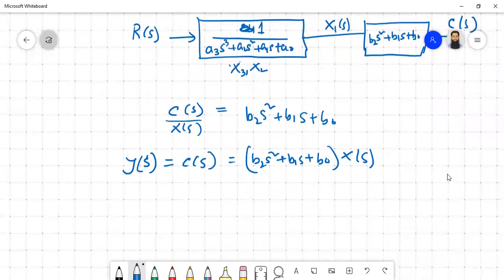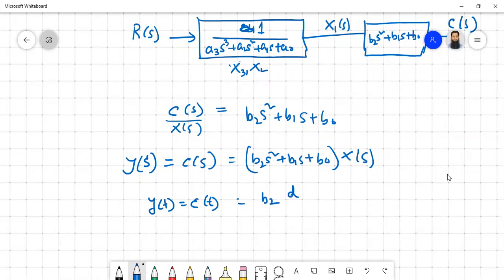If you take it into the time domain, then y(t) or c(t) will become something like this: b2 times the second derivative of x1, d squared by dt squared of x1, plus b1 d by dt of x1 plus b0 x1. Now, I have to be careful.